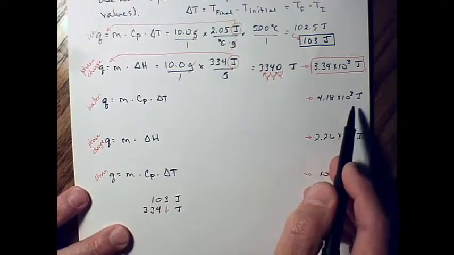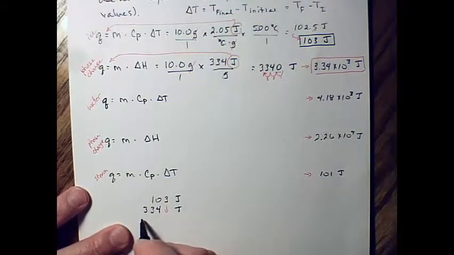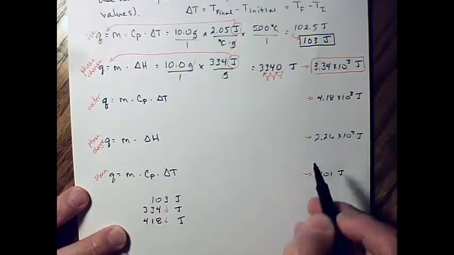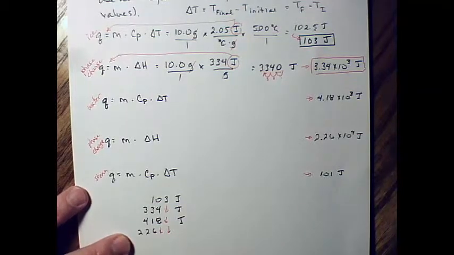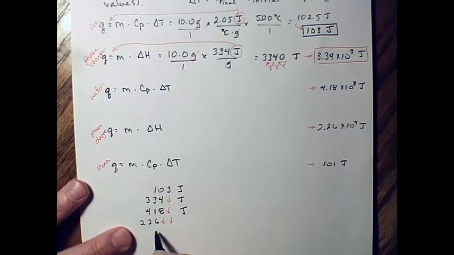And so for this number then, it's 4, 1, 8. There's a missing digit right there in the ones place. For this number, it's 2, 2, 6, and there are digits missing in the tens and the ones place. And the last number we have to add together is 101 joules.